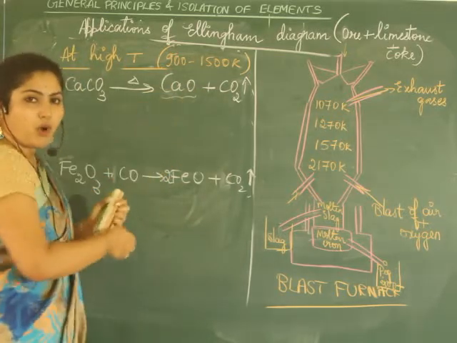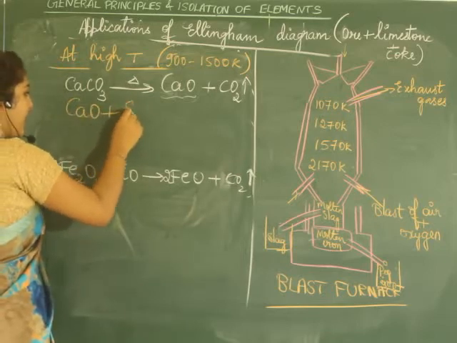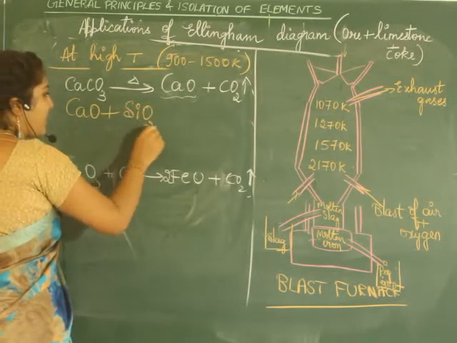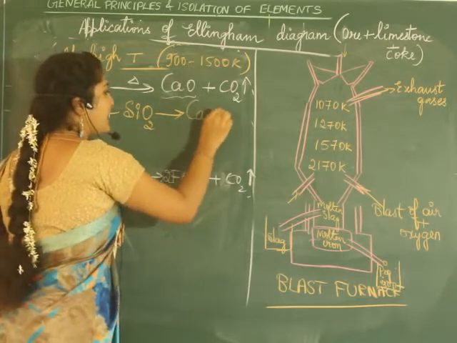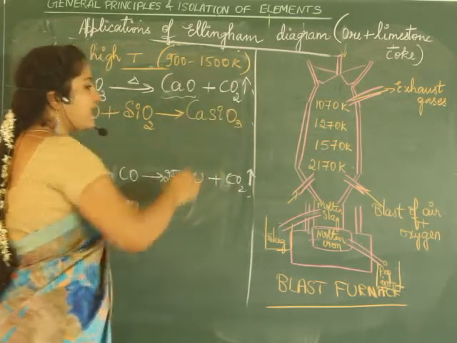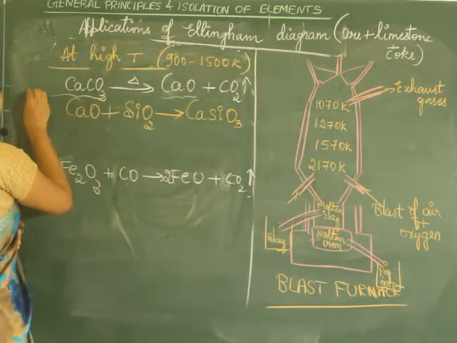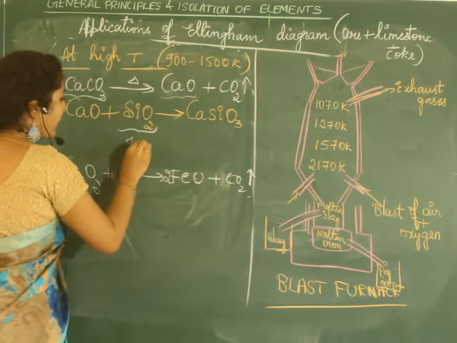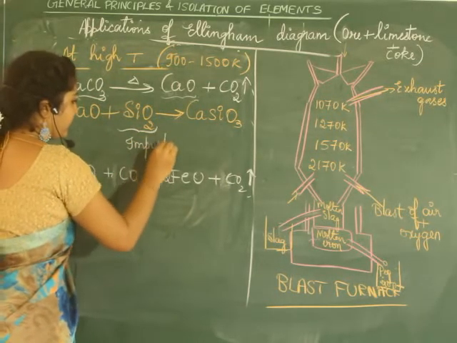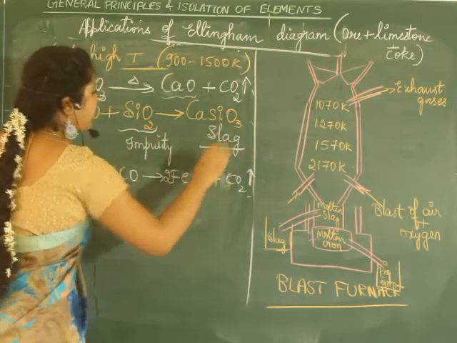This calcium oxide is going to react with the impurities. The impurity is silica, which will be present as impurity. So it forms calcium silicate, CaSiO3. So calcium oxide, the flux, plus impurity gives you a slag.